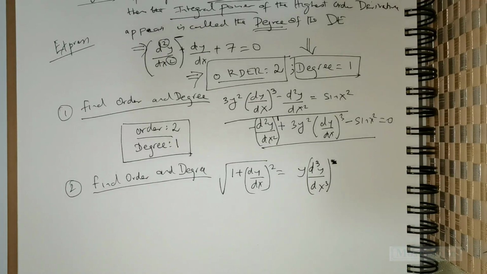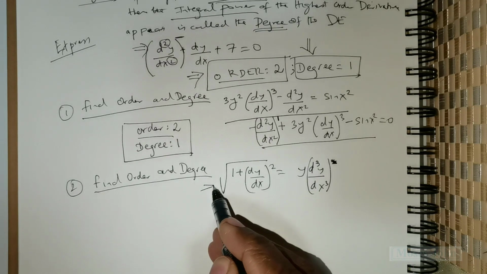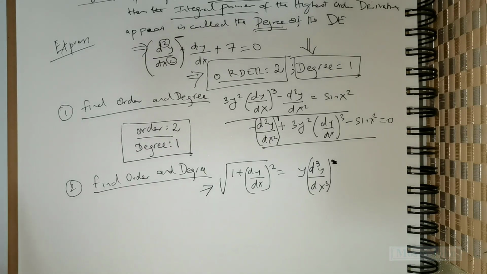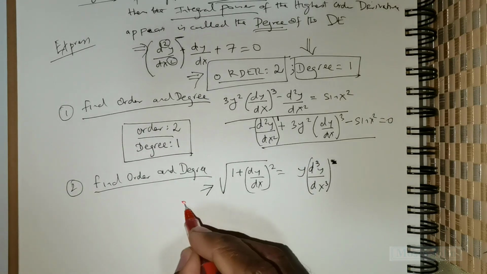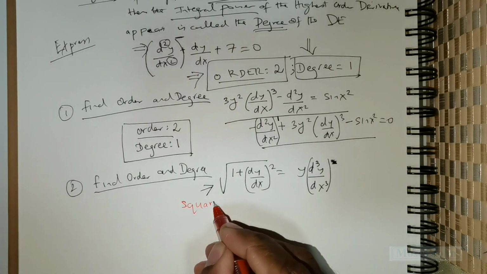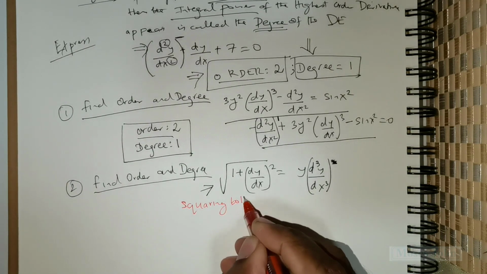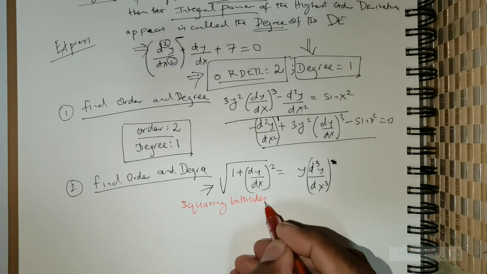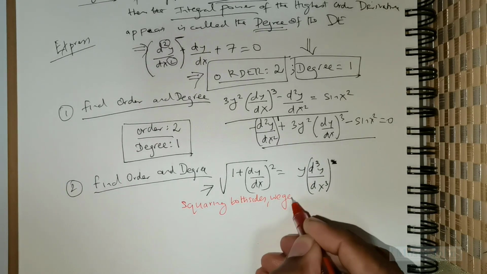You're given this question, you're expected to find the order and the degree. Now foremost, you have to remove this square root symbol. To do that, you will have to square both sides. So squaring both sides, what would you get?